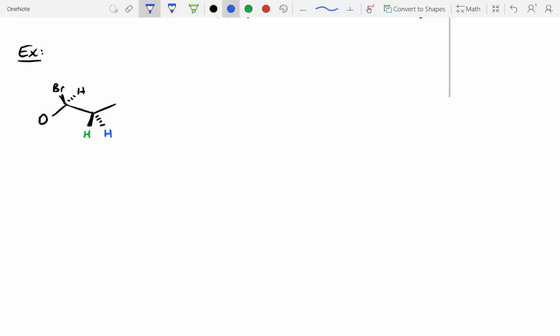All right, let's imagine doing an E2 reaction with this compound. But this time I'll give you guys a hint. There's more than one potential product. So let's go ahead and try to do Newman projections and see why there could be more than one potential product.